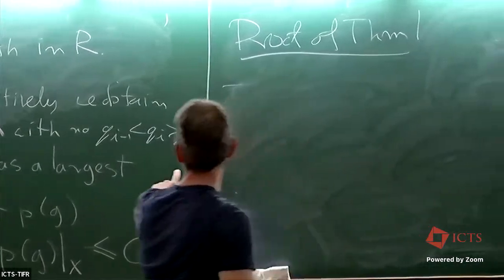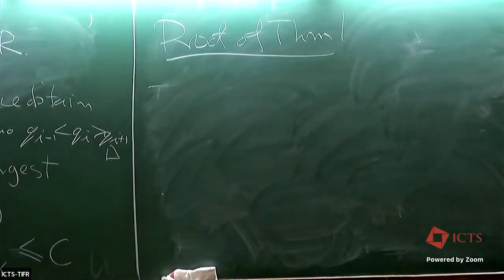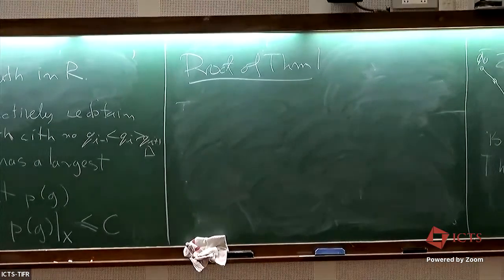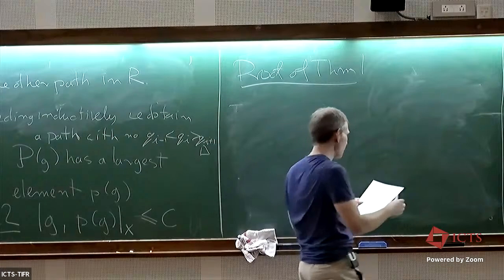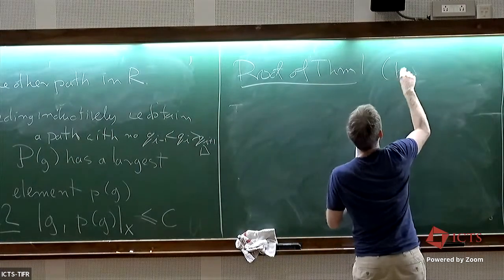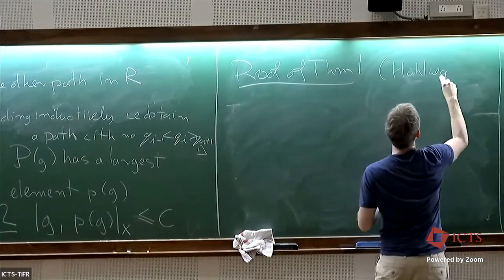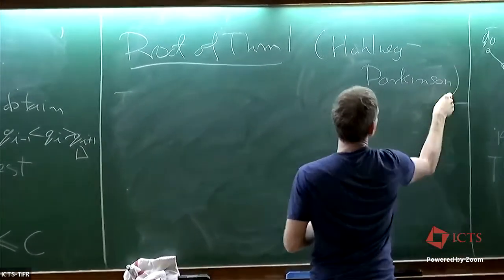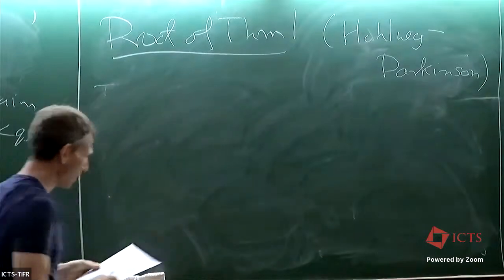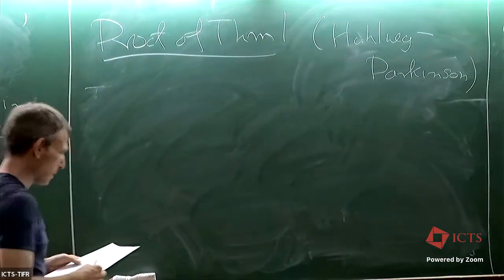Originally, with Damian, we proved theorem 1 directly using the same proof, but the fact that you can deduce theorem 1 from theorem 2 was suggested to us by Holvik and Parkinson. This is the implication from theorem 2 to theorem 1.